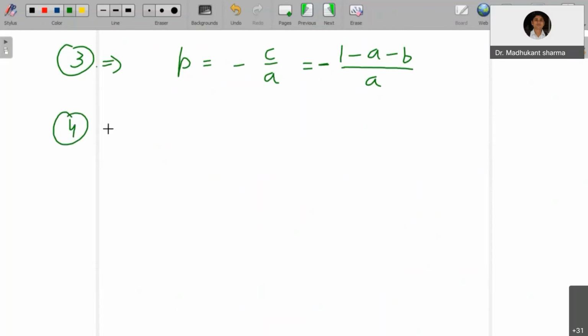Now 4 will give you q equals minus c by b, and that's going to be minus 1 minus a minus b divided by b. So our aim is to eliminate these a and b, these arbitrary constants.